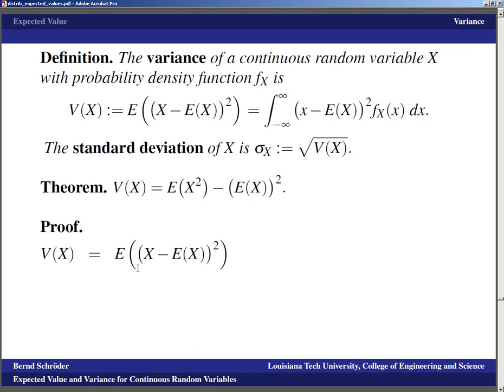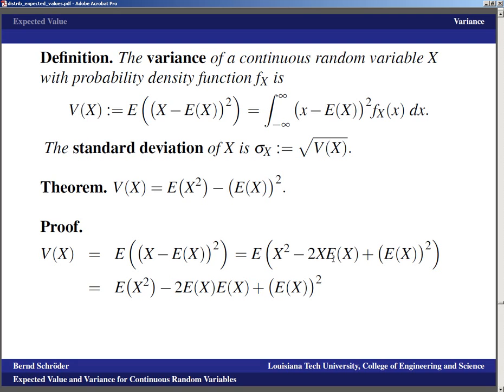Well, the variance is the expected value of x minus e of x quantity squared. Well, we can multiply that out, right? That's the expected value of x squared minus 2x e of x plus e of x quantity squared. That's just the binomial formula. And now we're going to use a theorem from the previous panel, which is that we can pull the expected value into sums and differences, and we can take numbers out.